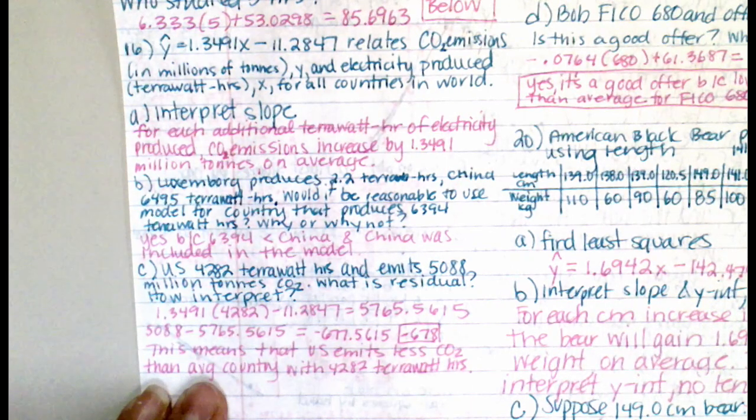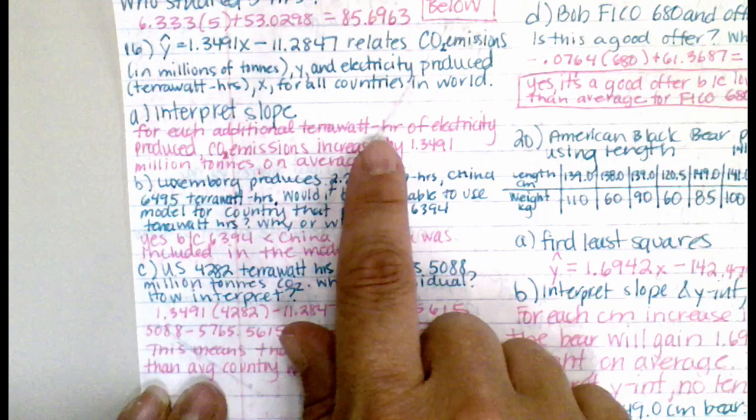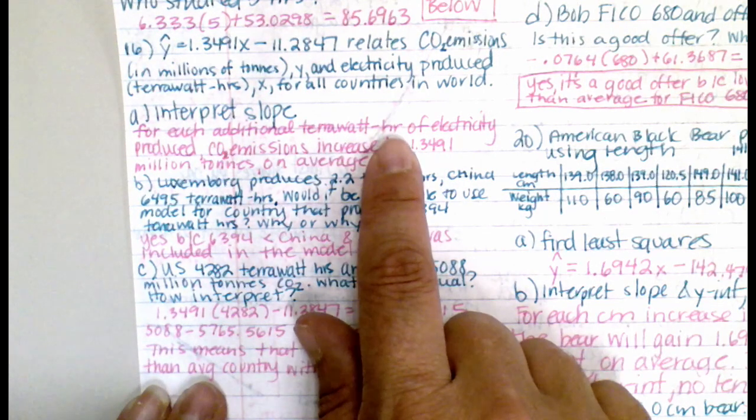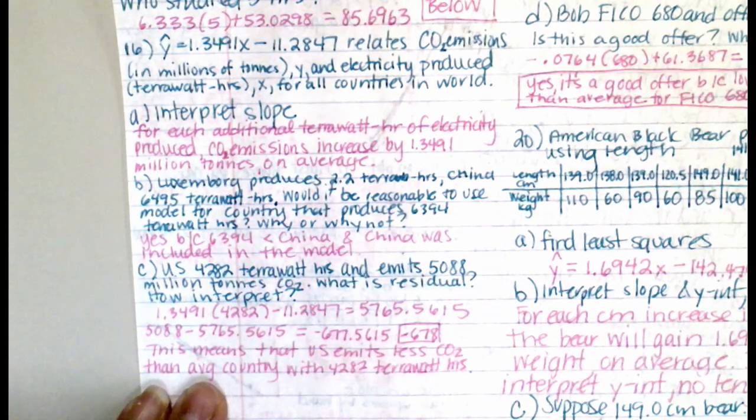Every time we interpret slope, it's like a script. We say for each 1 unit of whatever x is measured in, in this case terawatt hours, then you say whether it's increasing or decreasing, gaining, losing, whatever verbiage you want to use.